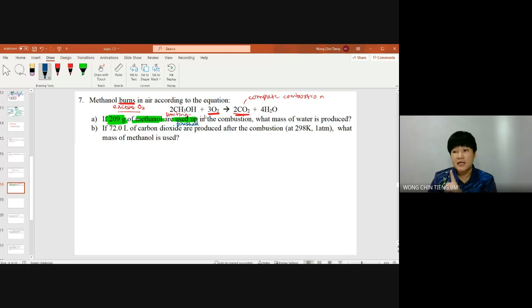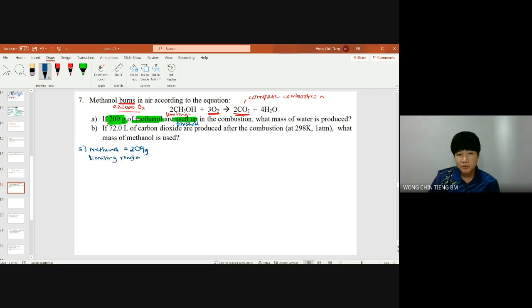And when your methanol is finished, we always know that limiting reactant ada 3 syarat. Orang pertama yang habis, given mesti kurang daripada needed, dan dia akan tentukan produk. So 3 benda je limiting reactant. Dan sekarang dia habis sayang. Methanol 209 gram finish. Therefore, in your A, your methanol that having 209 gram must be limiting reactant.